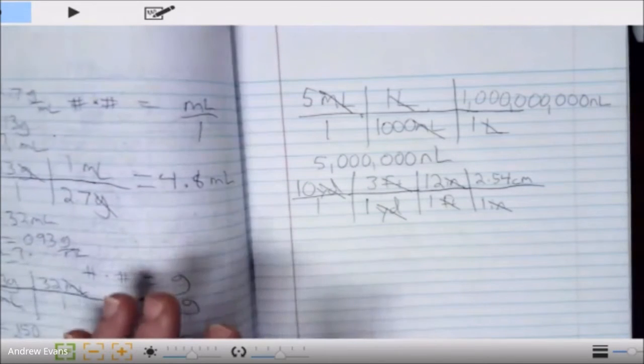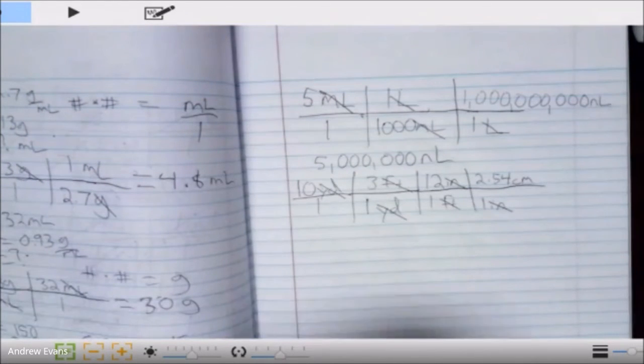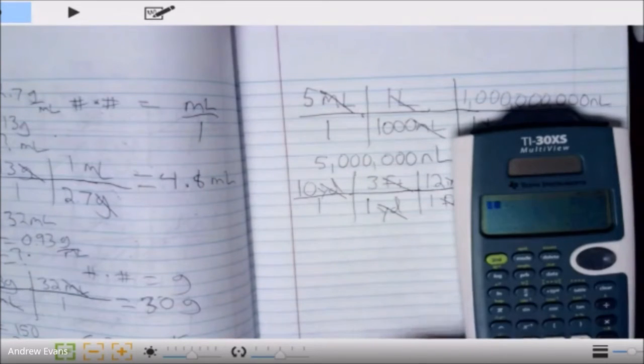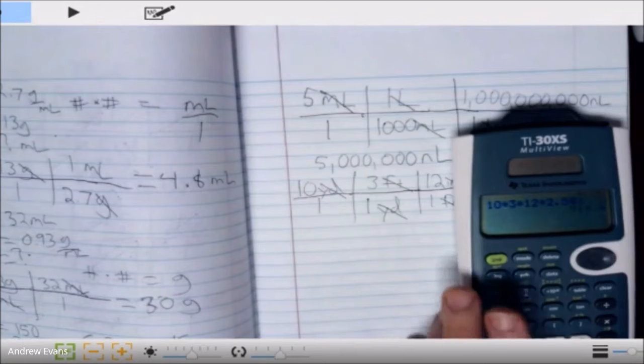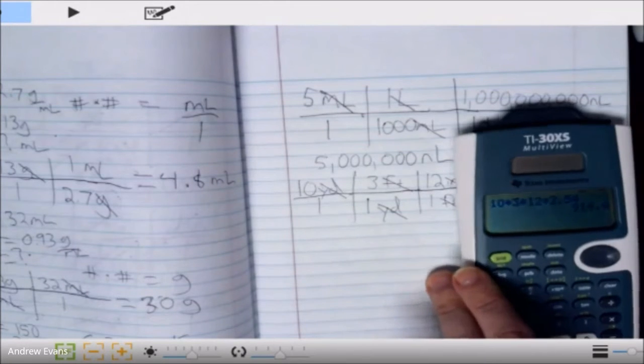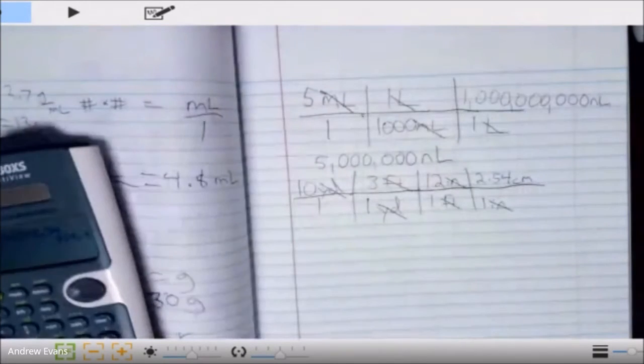So all we have to do is 10 times 3 times 12 times 2.54. That gives 914.4.